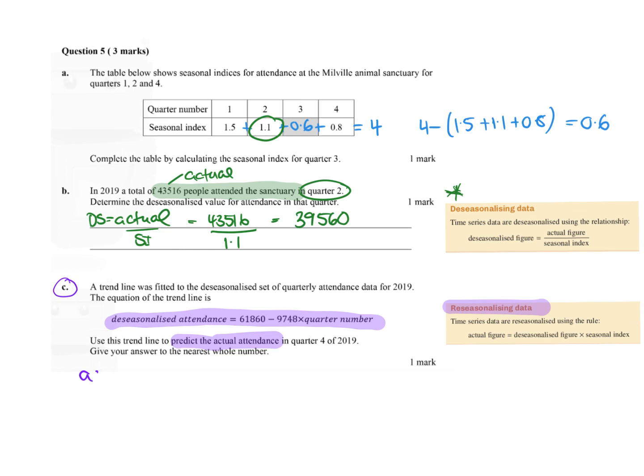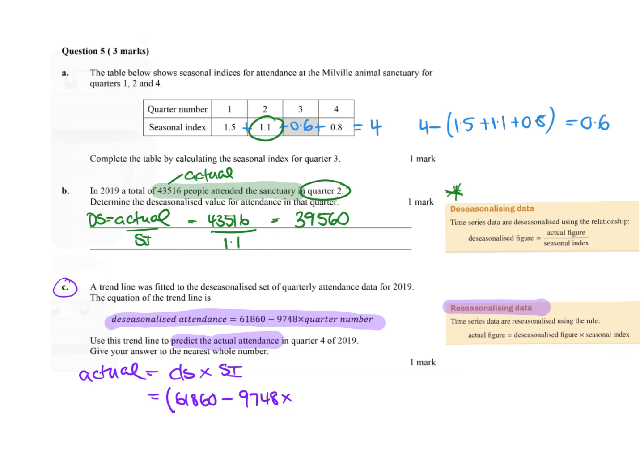So actual is the deseasonalized times the seasonal index. I'm going to use that formula again to find the deseasonalized value, so I would use 61860 minus 9748. Now I have to times the quarter number.